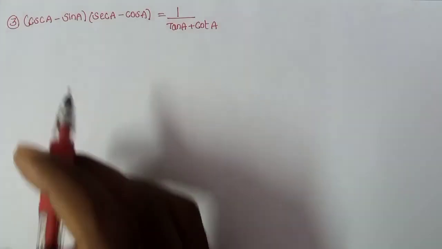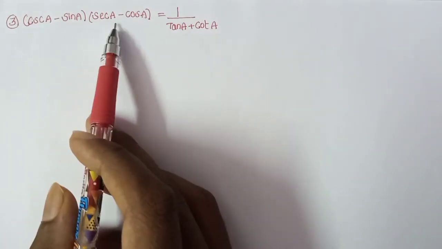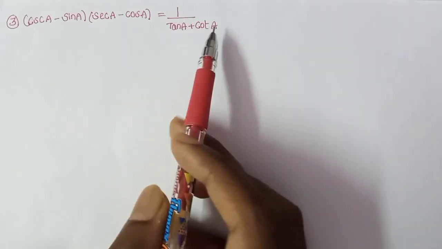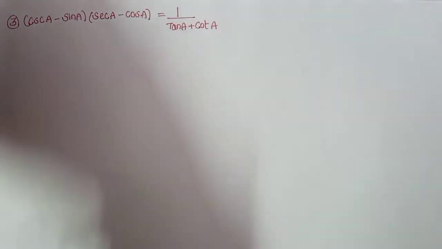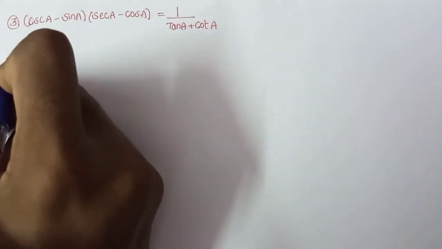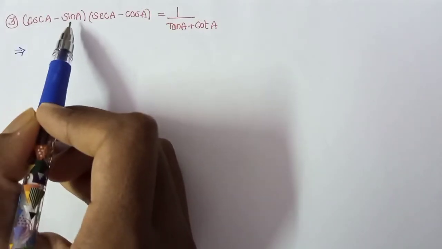The next problem is: prove that (cosec A − sin A)(sec A − cos A) is equal to 1 by (tan A + cot A). This is the question. The solution: you can take cosec in terms of sin.